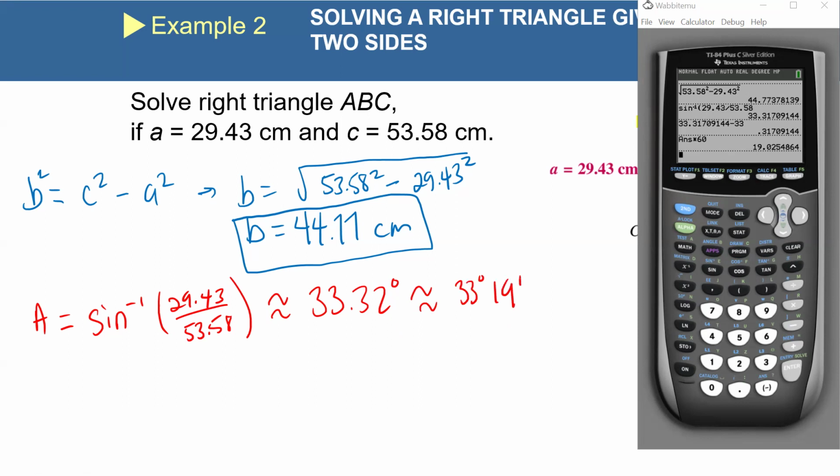And if I wanted to keep going to find the seconds, I would take this minus the 19, and whatever is left I would multiply by 60, and that would give me my seconds.